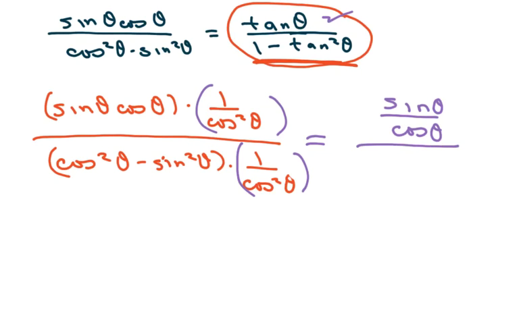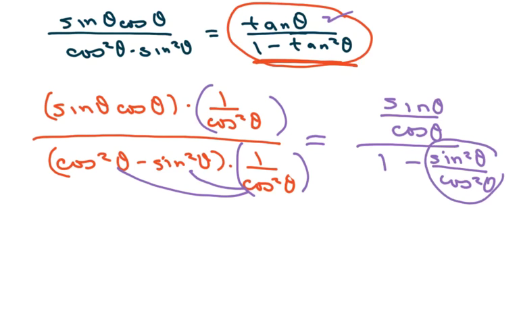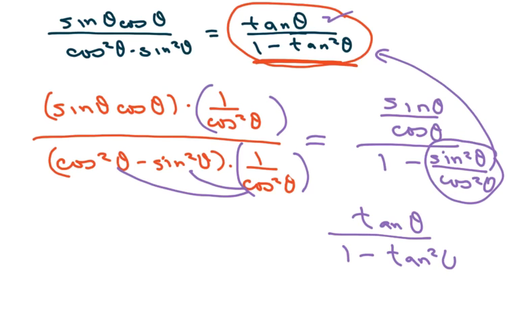And then when you distribute this, you're going to get 1 minus sine squared over cosine squared, which is also the tan. So we just kind of forced it to look like that. So that's tan of theta over 1 minus tan squared of theta. And it matches, so we verified it.